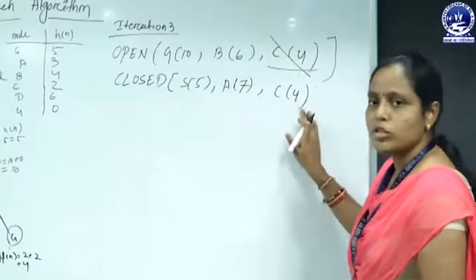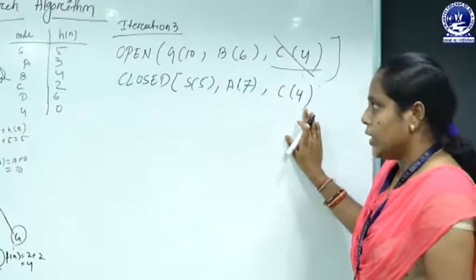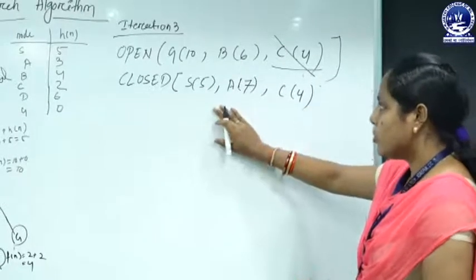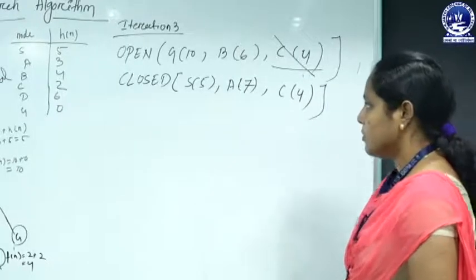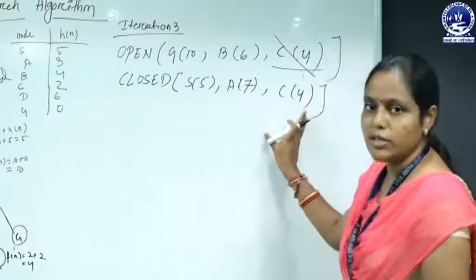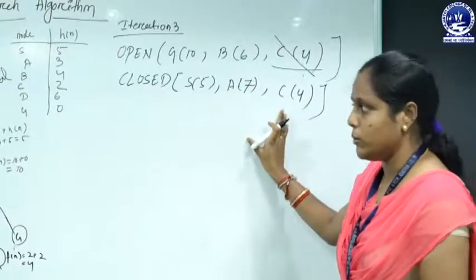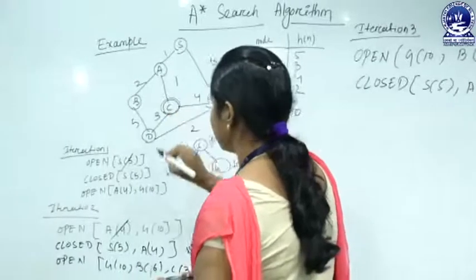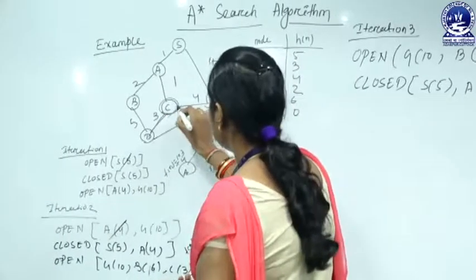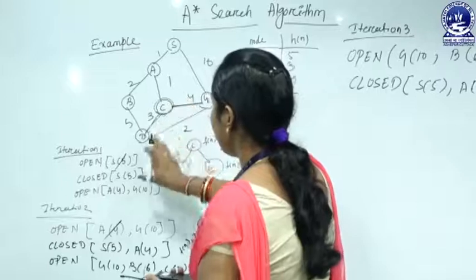Now these are the nodes of our closed list. Here from our closed list the node C is expanded. Now we expand this node C to generate its successors. Now look at our search tree. Here this is our node C, and node D and node G are the successors of our node C.